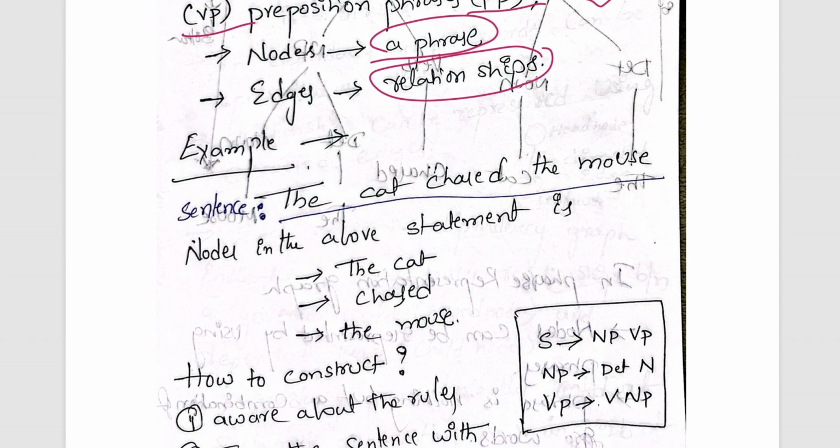Take a simple example: The cat chased the mouse. So this is our input sentence.